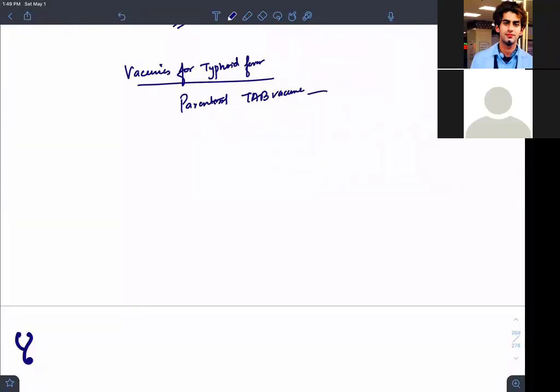Parenteral TAB means it's a heat-killed whole cell vaccine of typhoid or paratyphi A or paratyphi B. That's why we are calling it TAB vaccine. But we are not using it. Why? So many side effects.